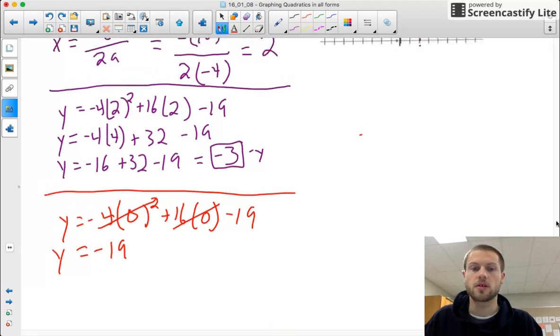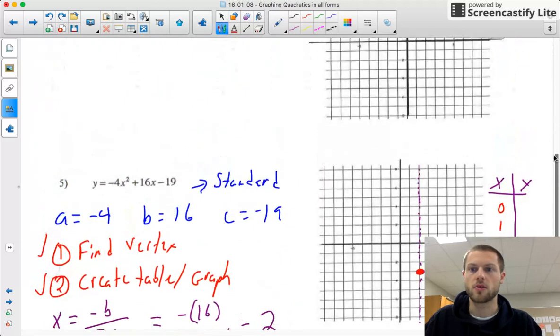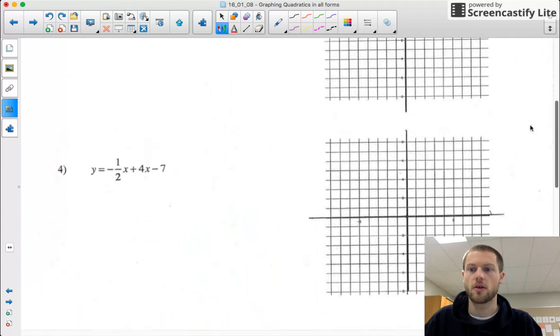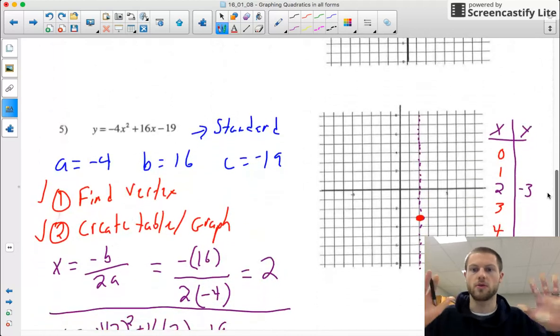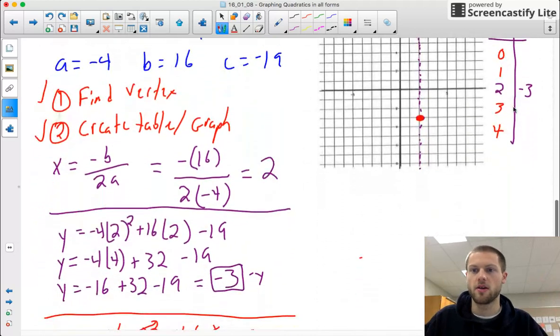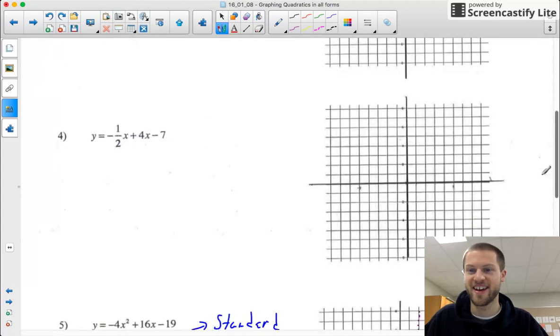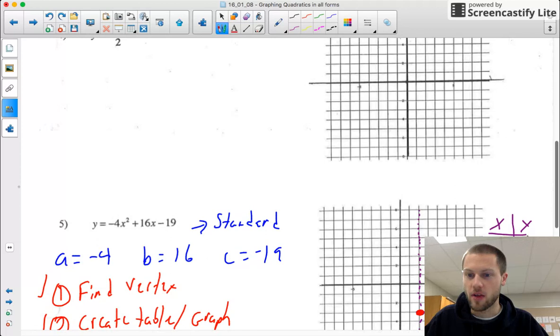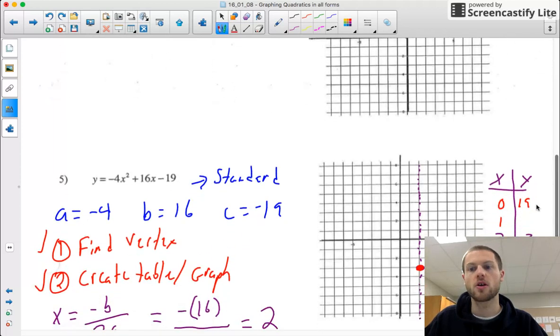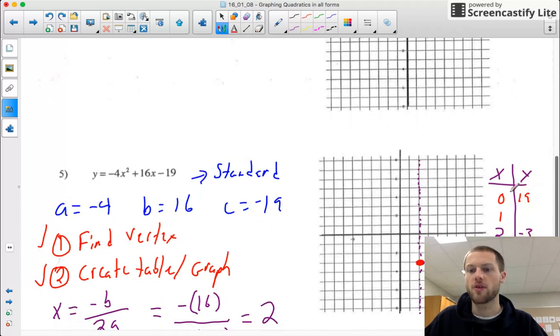So when x is 0, y is going to equal -19. I can plug in -19 for my y coordinate. And what I also know is that, remember, this reflects. So I really found 2 y values. I found this y value and I found this y value. So these are both -19.